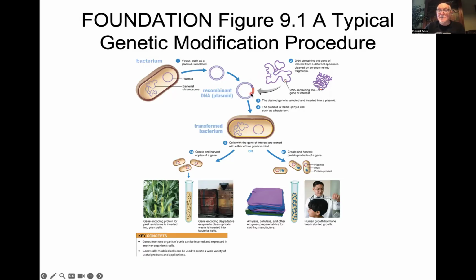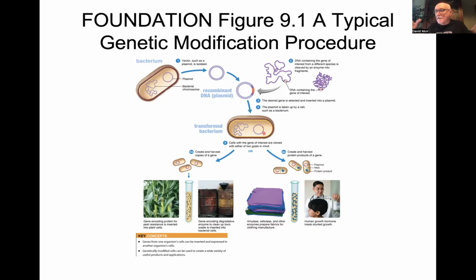So we take that plasmid. It is now a recombinant plasmid, because it consists of a bacterial plasmid and human DNA. We insert that back into bacteria, and if everything has gone well, the bacterium grows up.